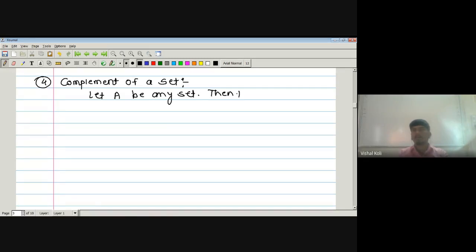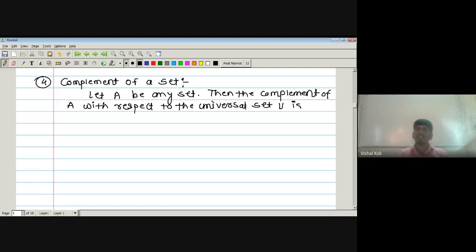Then the complement of A with respect to the universal set U is the difference of the sets U and A. So if we have any set A, then its complement is nothing but the difference of the two sets U and A.